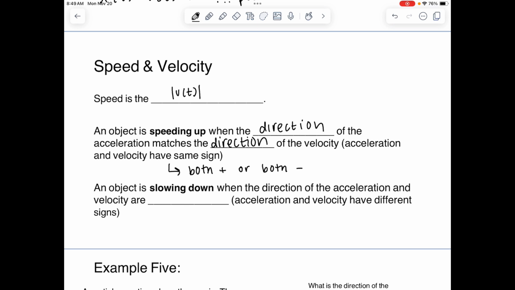An object is slowing down when the direction of acceleration and velocity are different. I could go more into depth on this if you feel stuck, but I know this is stuff that you learn in physics, so hopefully this is pretty easy. If acceleration and velocity are different signs, then the object's slowing down. So if acceleration is positive and velocity is negative, it'll slow down. If acceleration is negative and velocity is positive, same thing. You know what I mean.